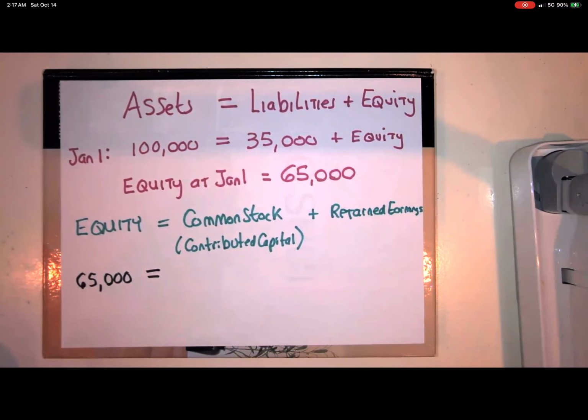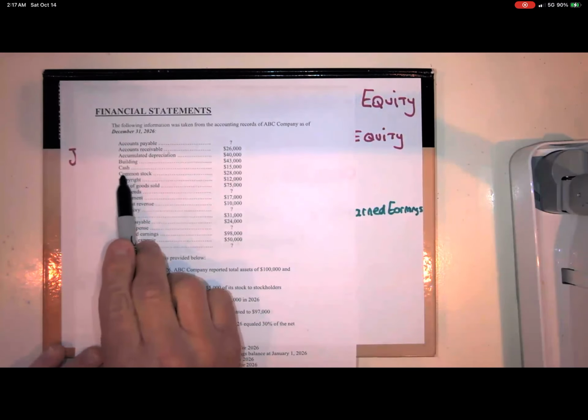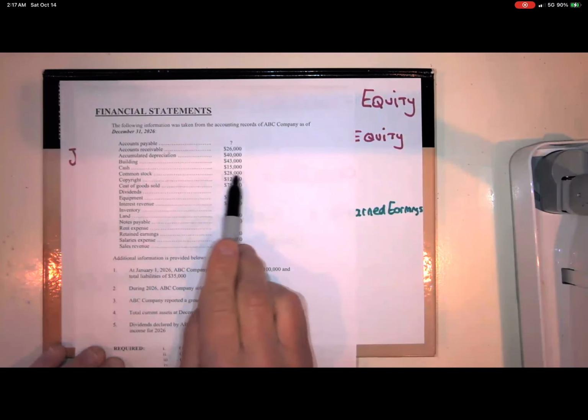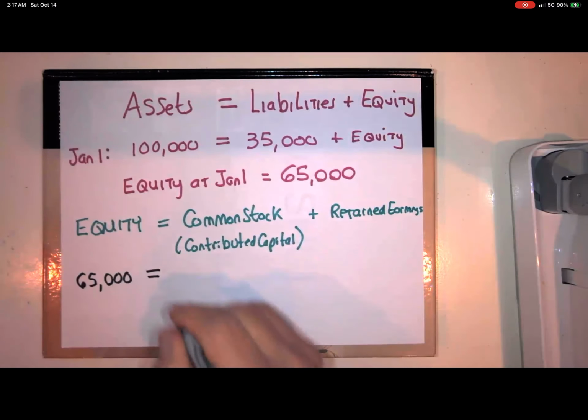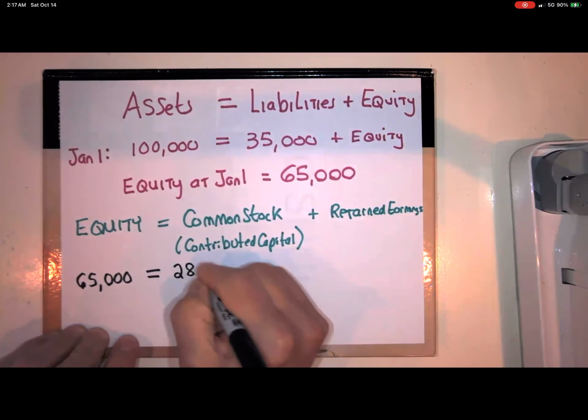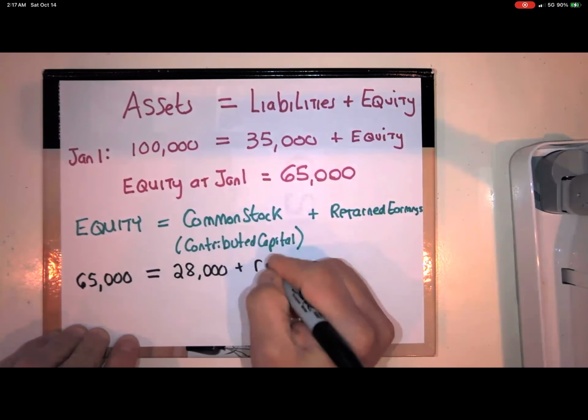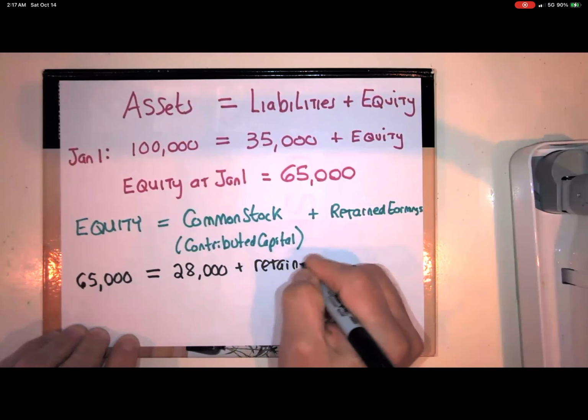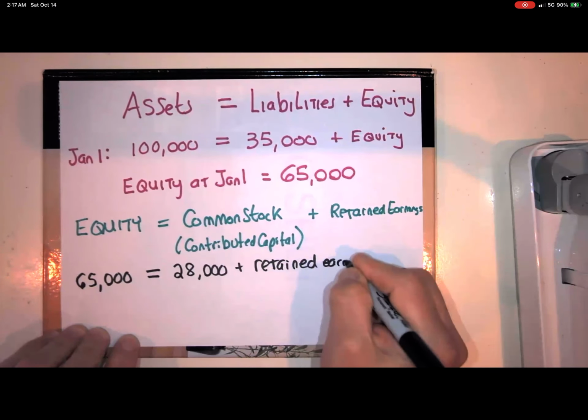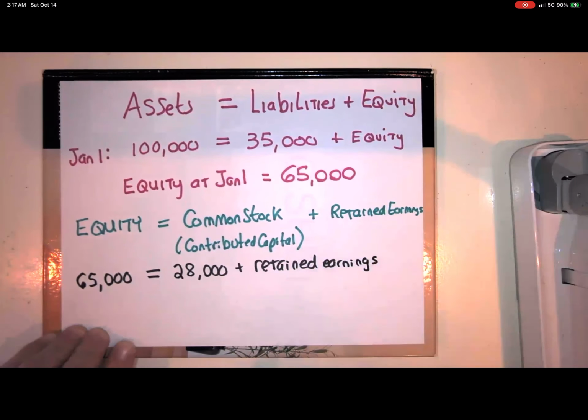The common stock is given to us in the problem right here is 28,000. So we're going to solve for the retained earnings. Sounds good, but not right.